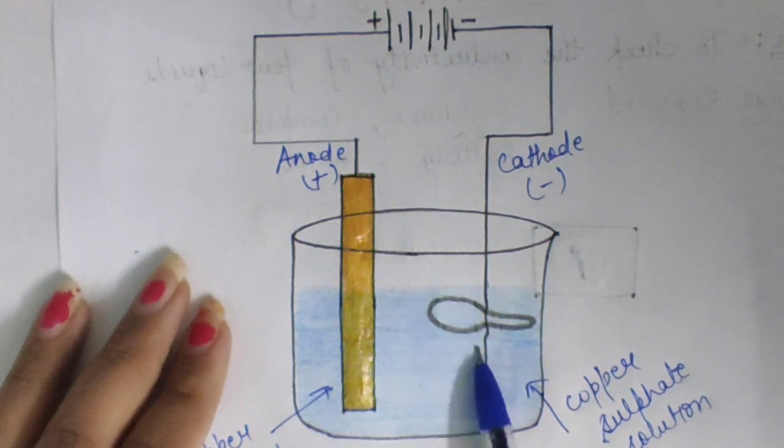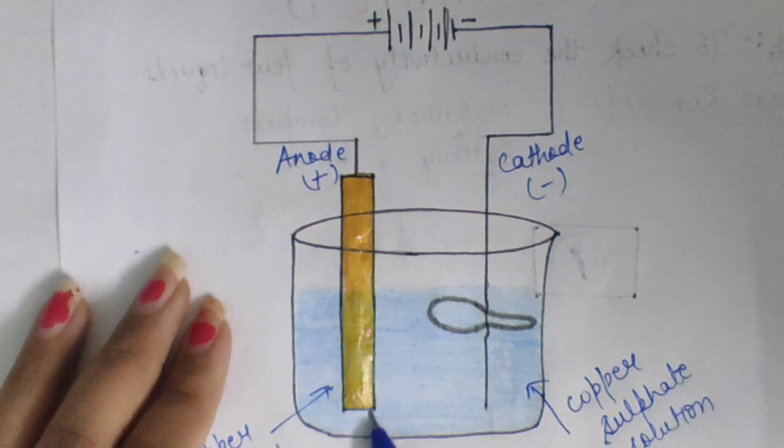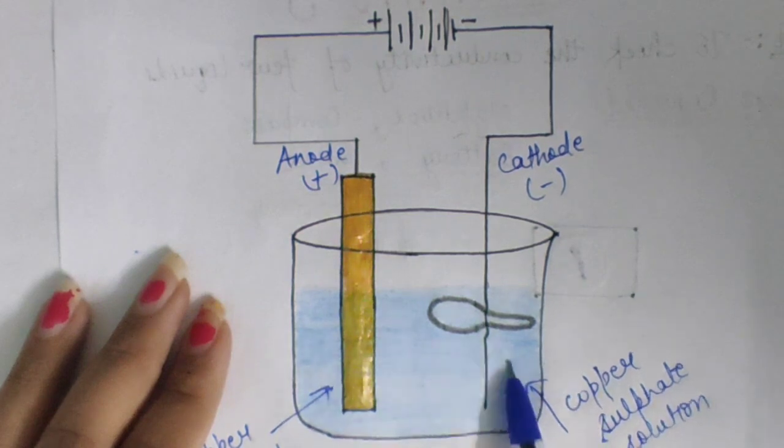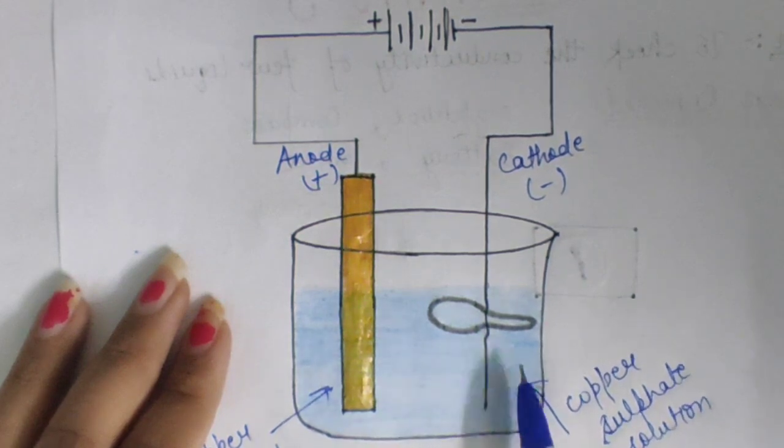Why? Because there is a deposition of a layer of copper on the spoon, and this is called electroplating.